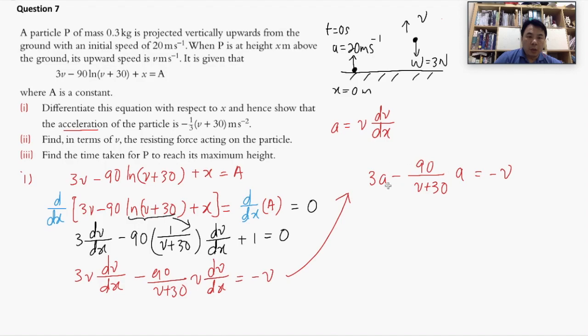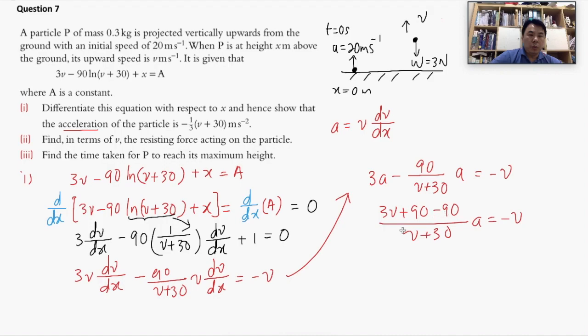So therefore I can join these two together. That will be 3v plus 90 minus 90 here over v plus 30 a equal to negative v.